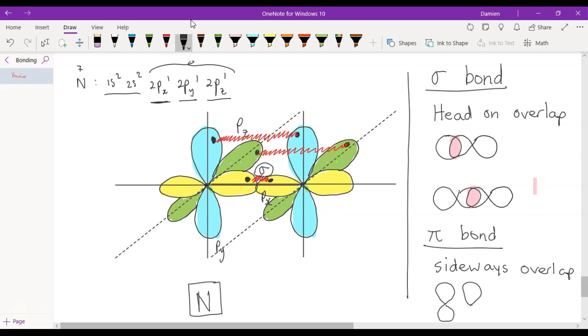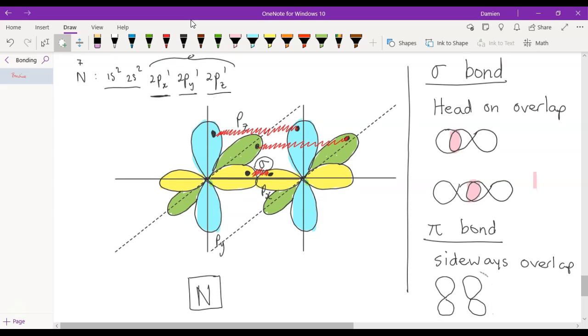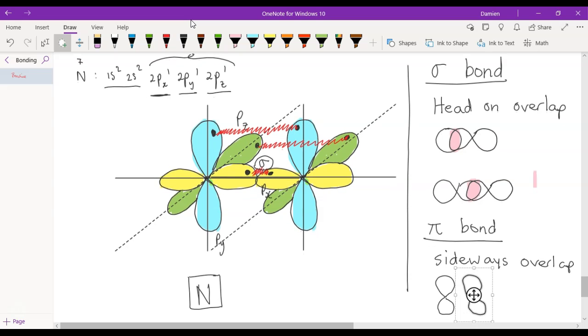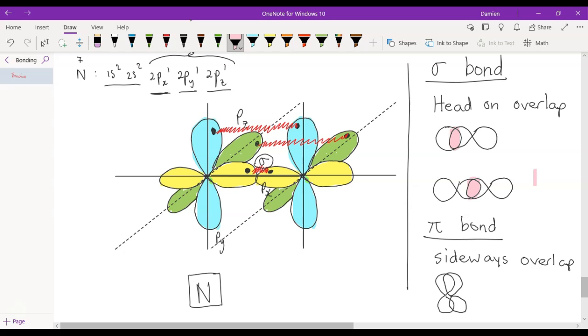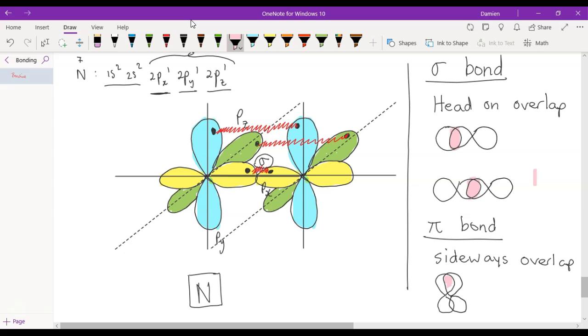We do one p orbital like this, one p orbital like that, and then as you bring them together, they will overlap. When they overlap like that, you get two areas that are overlapping. You get this particular part here, and you get this particular part.